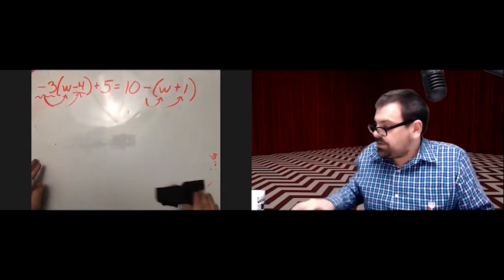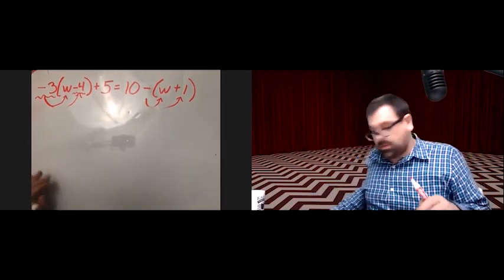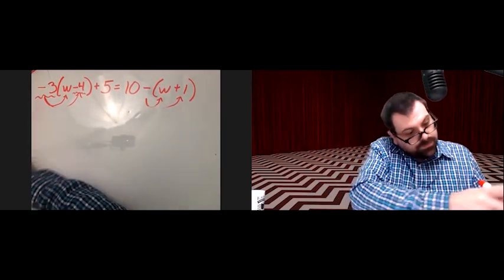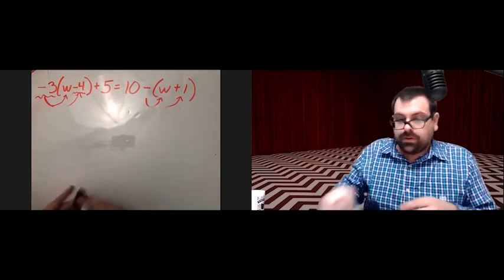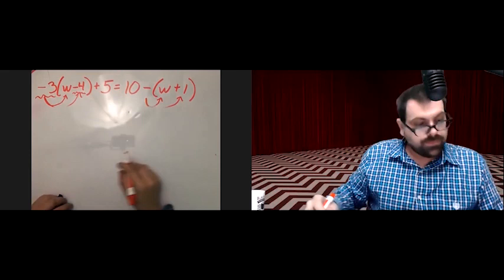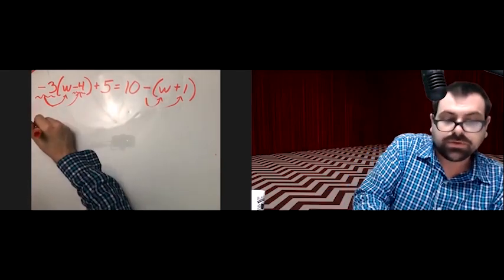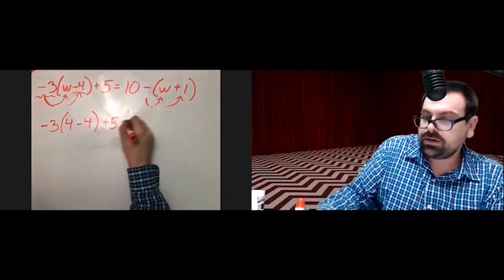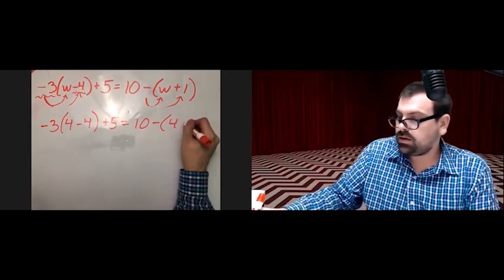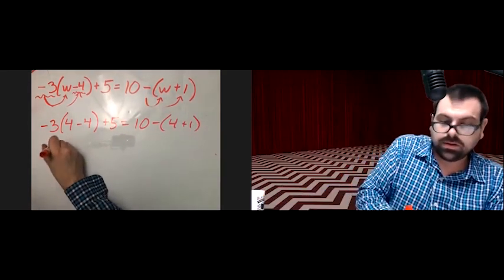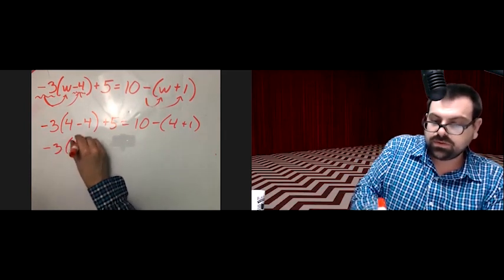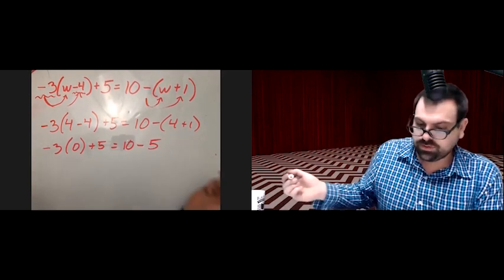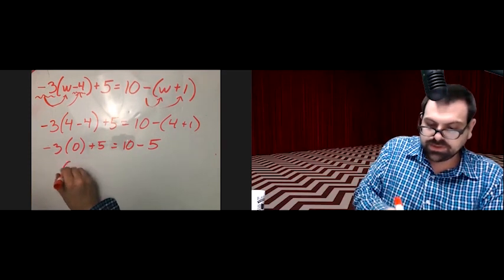And remember, you can check your answers. So if you have W equals 4, you can plug in 4 for W everywhere and just check. 4 minus 4 is 0. 4 plus 1 is 5. -3 times 0 is 0.